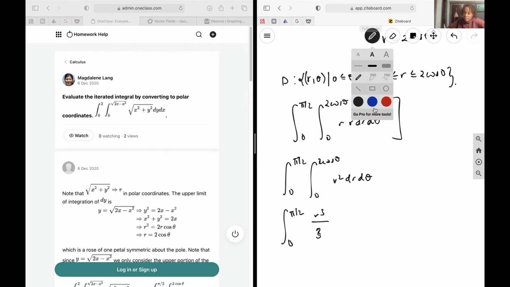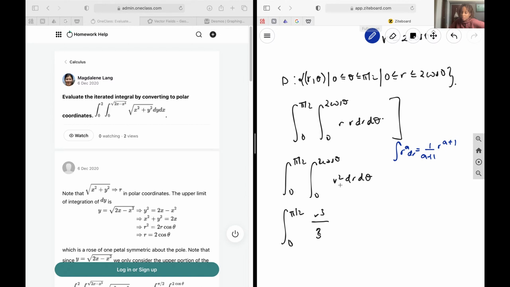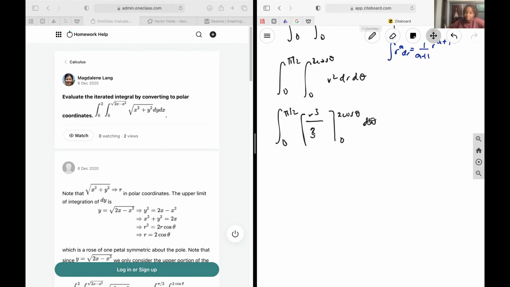For this, I just use the general rule that the integral of r to the power of a will be 1 over a plus 1 r to the power of a plus 1 if I'm integrating over dr. And so 2 plus 1 is 3, so it's r cubed over 3. But then I need to remember that this was a bounded integral from 0 to 2 cos theta. And that leaves a d theta.